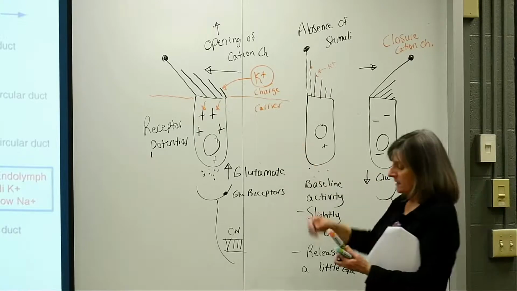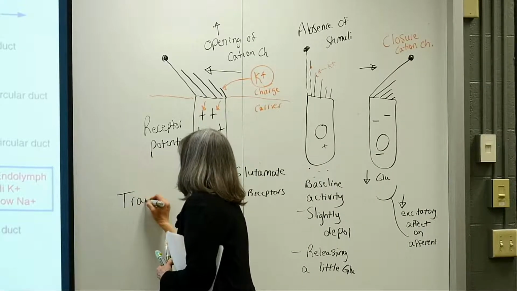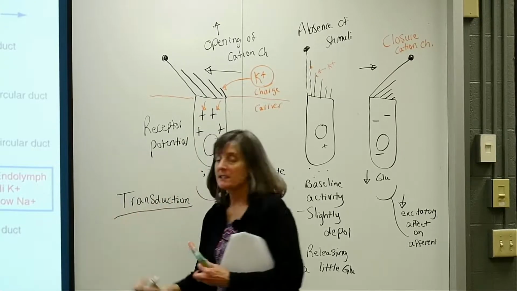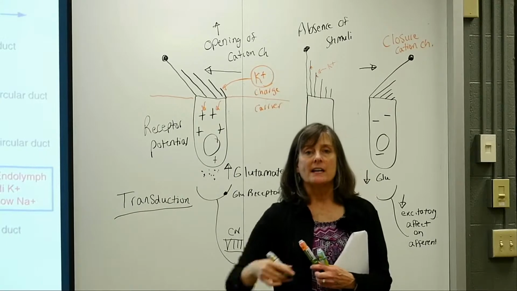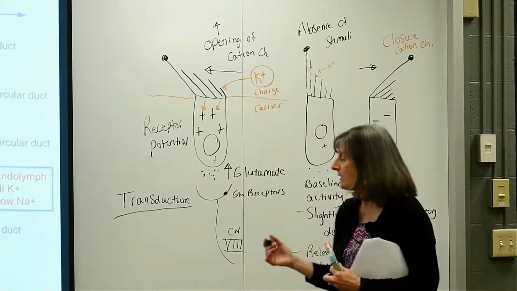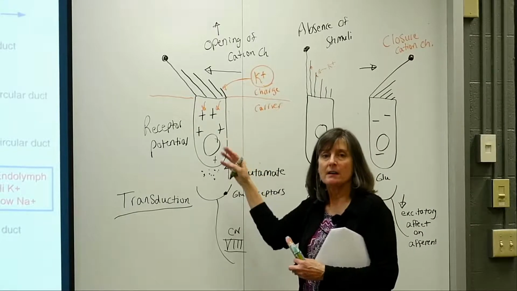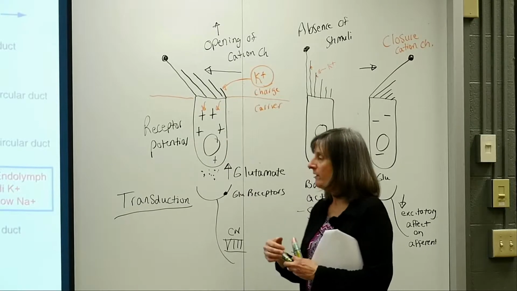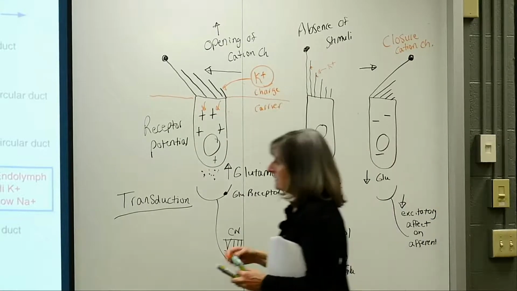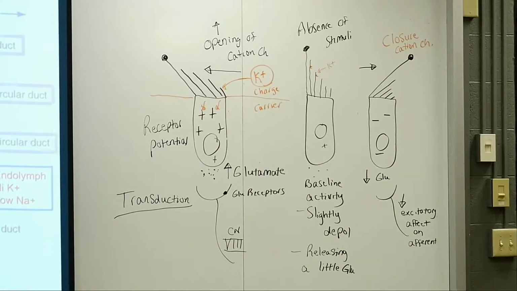So that's our process of transduction. So transduction, as you know, is the process of converting some kind of an external stimulus into neuronal signals by a receptor cell in a sensory system that can then be carried to more central aspects of the central nervous system. So that is that, and then I have a couple of slides about these hair cells.